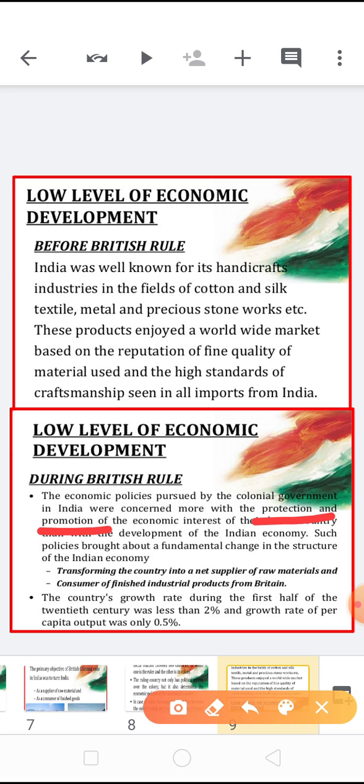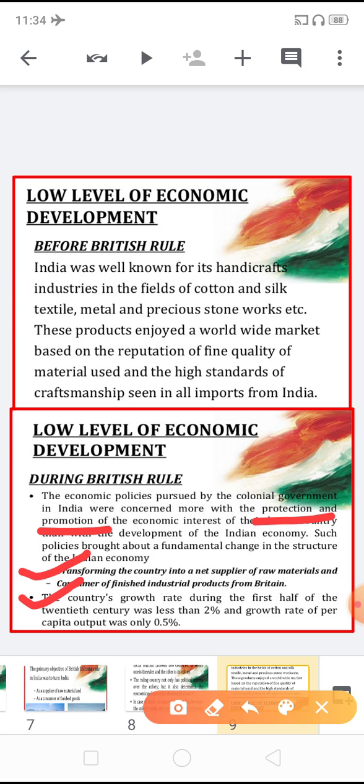So the Britishers were majorly inclined to transform the country into a net supplier of raw material and a consumer of finished industrial products from Britain. The Britishers found that India was very rich in raw materials, because we had an abundance of raw materials available in the country.